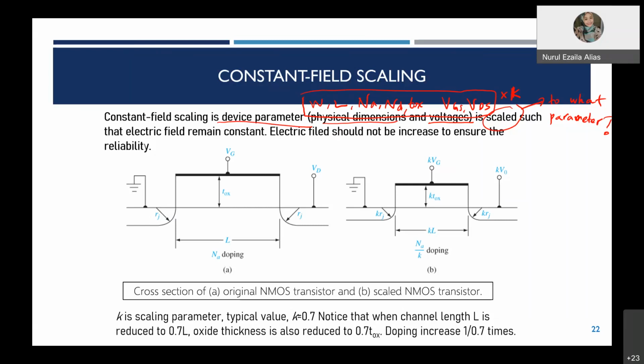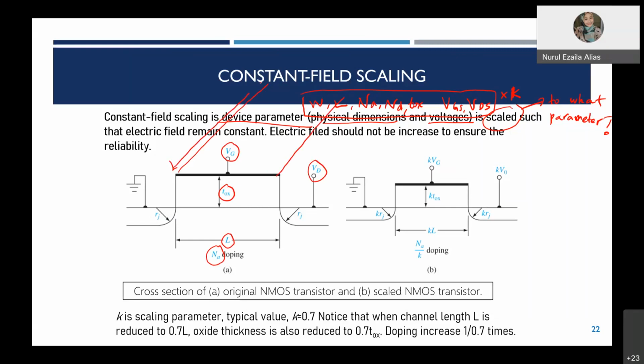All right. So for example, your left figure is the original NMOS, with the L parameter, and also the TOX device parameter, and also doping concentration. Not to forget, not only the physical dimensions, the voltages also, VG and VD. So you also have W, the width at the back.